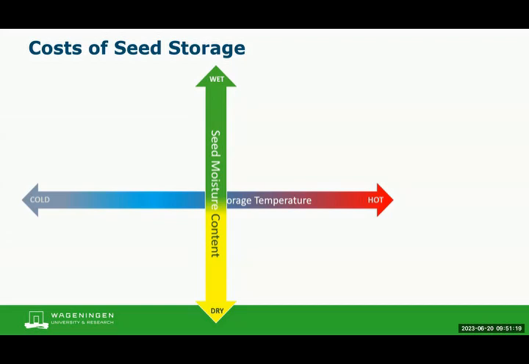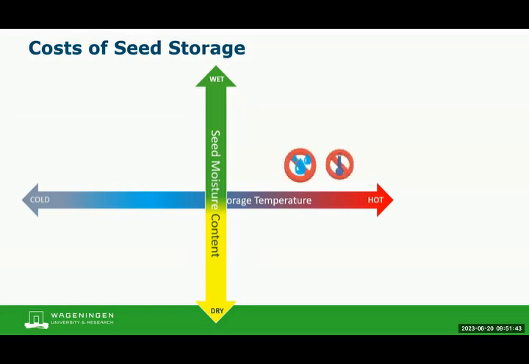As we go higher, the moisture content is higher, and as we go down, the seed moisture content is low. That's the initial moisture content of the seeds. On the horizontal side, the temperature is higher on the right and lower on the left. So we have 4 different quadrants with different conditions under which seeds are stored.